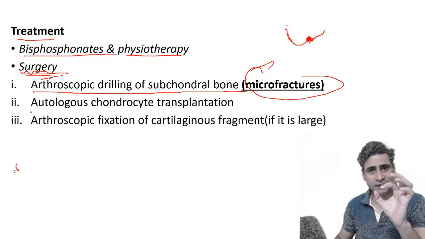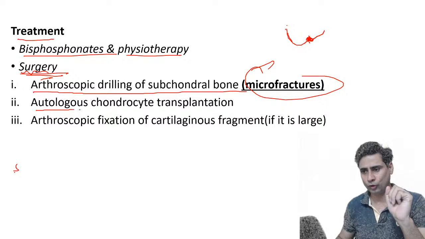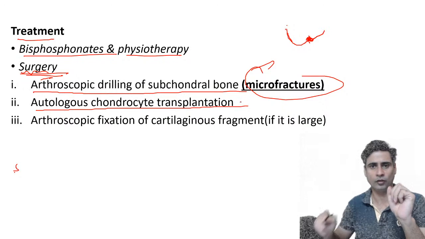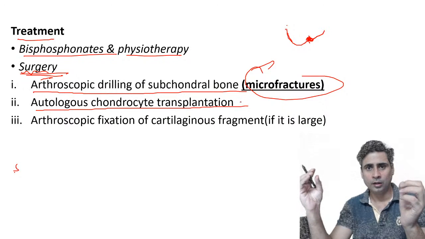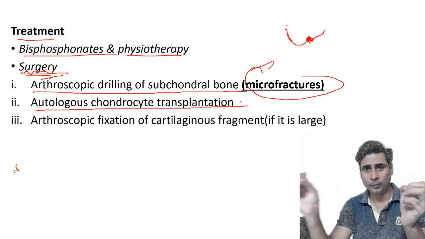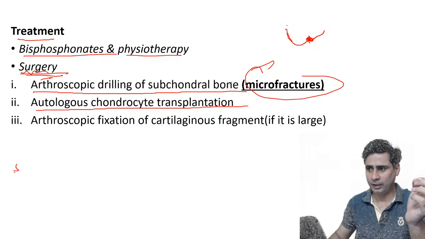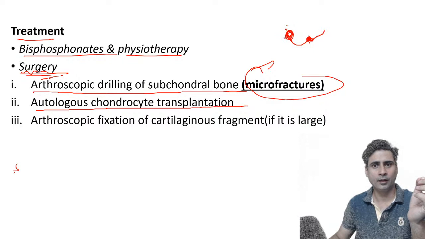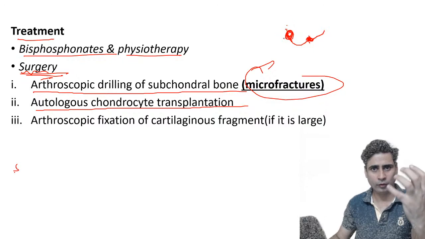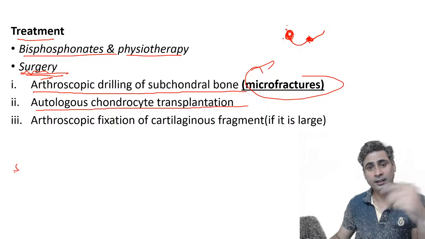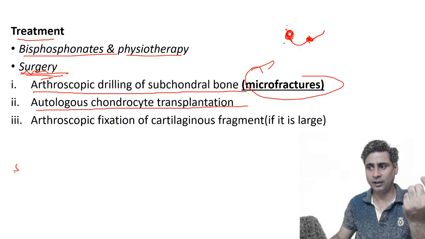Or if the area is a little bit larger, we can use autologous chondrocyte transplantation. What we do, we take out cartilage from a non-weight bearing area where it is not required. We harvest chondrocytes from that cartilage, and then during a second surgery we implant those chondrocytes in the defective space.